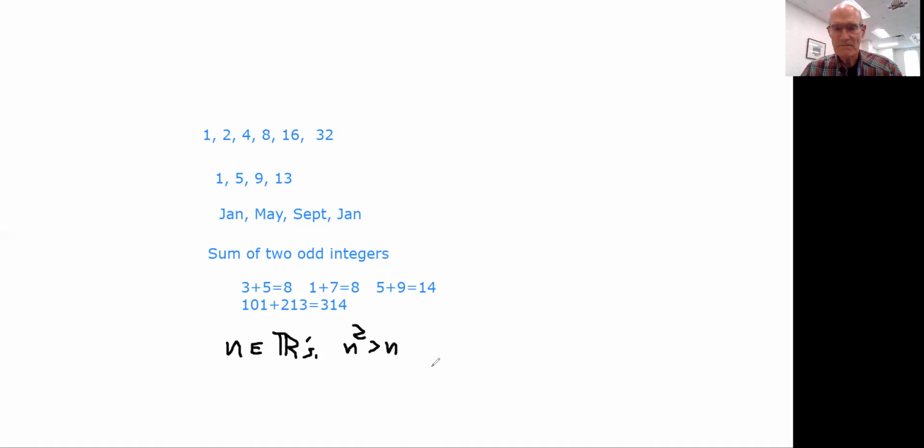Now, if you think about the number line here, here's your 0. If I take a negative number over here and square it, I get a positive. So for any of these negative numbers, the square is greater than the number because the square is going to be over here.